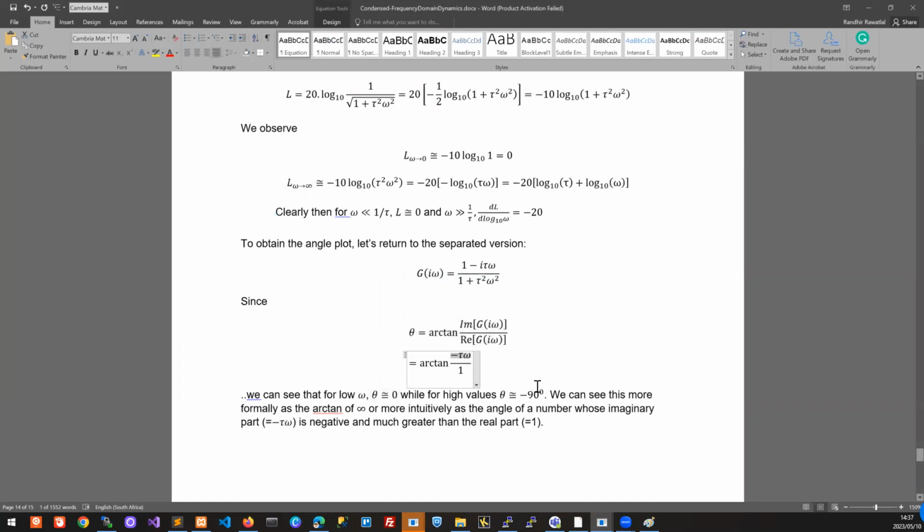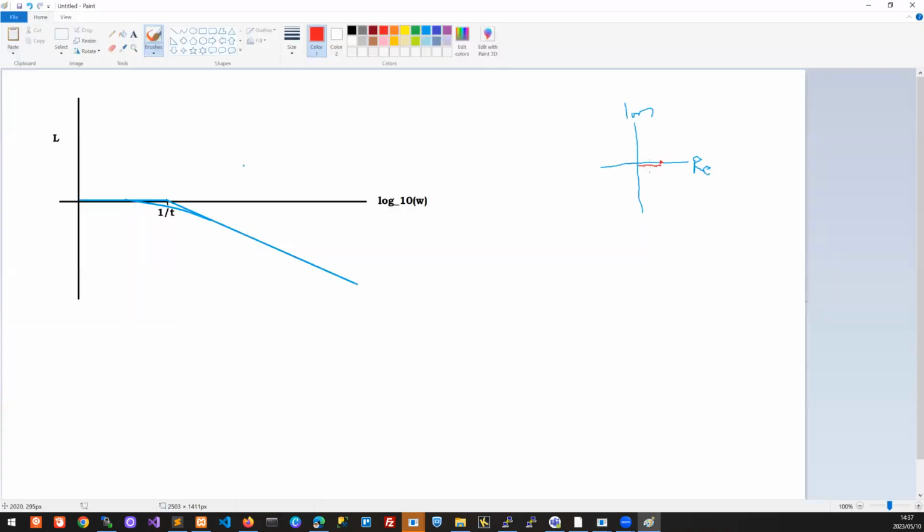Okay, and then if we think about larger values, as omega becomes larger and larger, then it becomes much greater than the 1. So the imaginary part becomes much greater, well, negative, in the negative sense. The magnitude becomes much greater. And so even though we have this offset of a 1, the real part is always fixed at a 1.